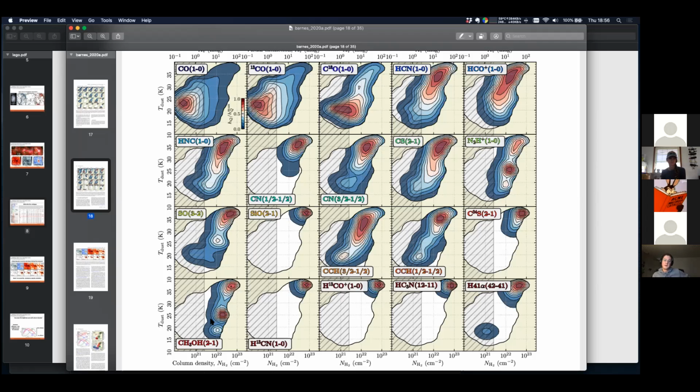This is a large study using the IRAM 30 meter to get these 3 millimeter dense gas tracer lines. And I think there are various follow-ups now, with NOEMA and ALMA, pushing to higher resolutions, getting rid of a lot of the beam filling problems that you run into with a kiloparsec beam, down to a few hundred parsecs to sub 100 parsecs.